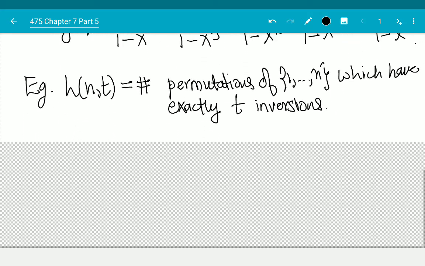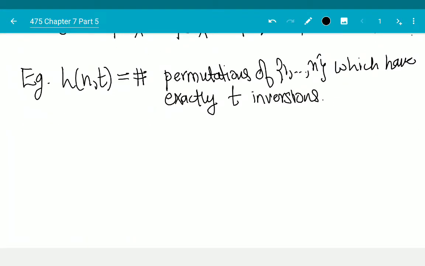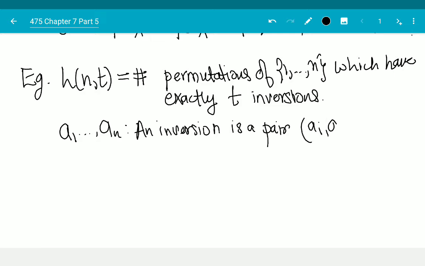In case you don't remember what an inversion is, an inversion of a permutation a1 through an is a pair a_i, a_j such that i is smaller than j but a_i is greater than a_j.